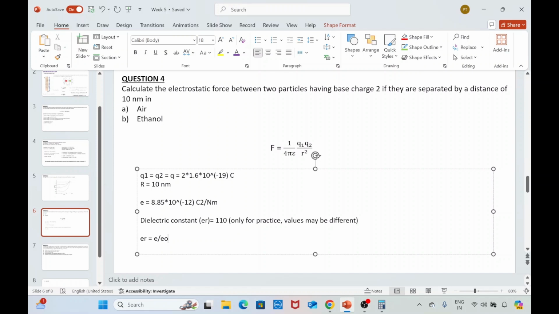So you have the value of the dielectric constant, that is 110, and your dielectric permittivity of air, that is your epsilon naught, is given as 8.85 times 10 to the power minus 12.